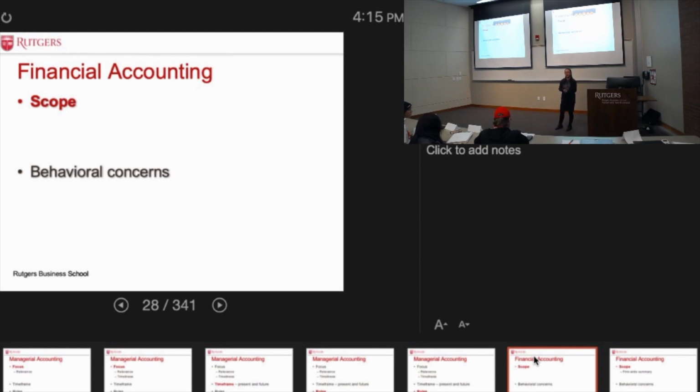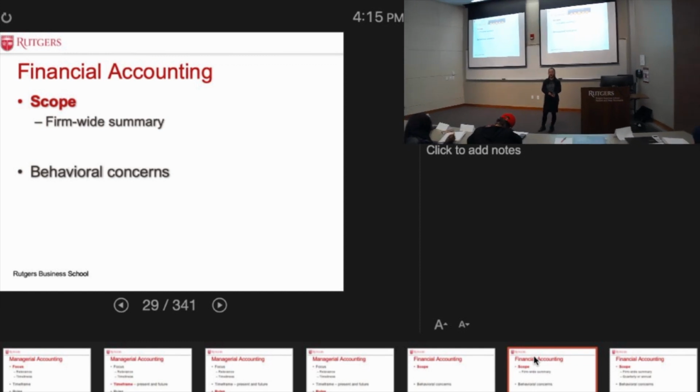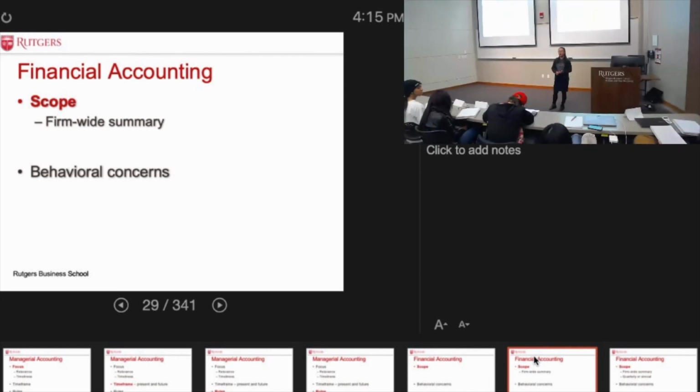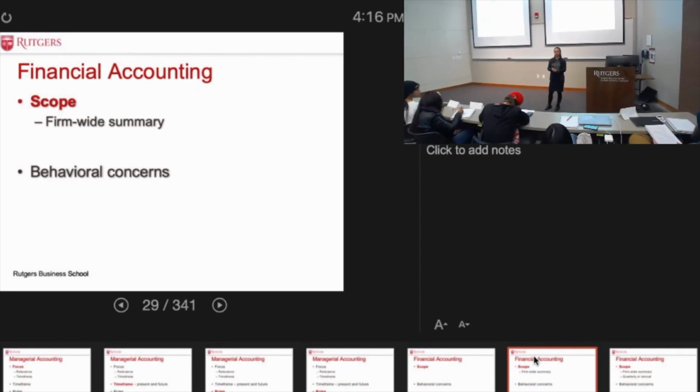When you read, let's say, Apple's financial report, it's usually a summary of the whole firm, right? Meaning including different departments, including different types of products, right? So basically, Apple's financial reports include, let's say, iPhone's performance, iPad's performance, Mac's performance, right? So they integrate together. So it's called a firm-wide summary.